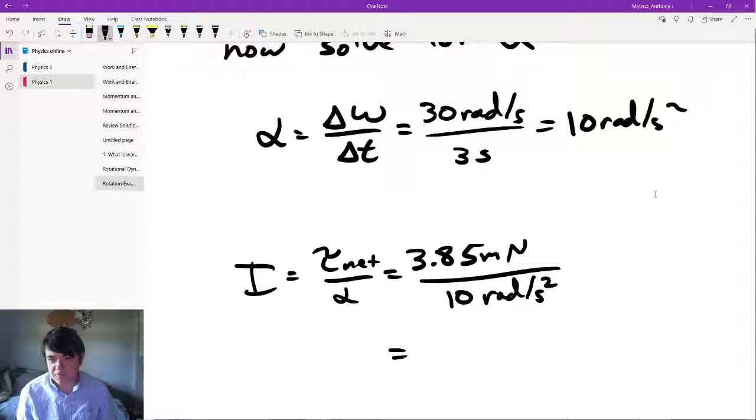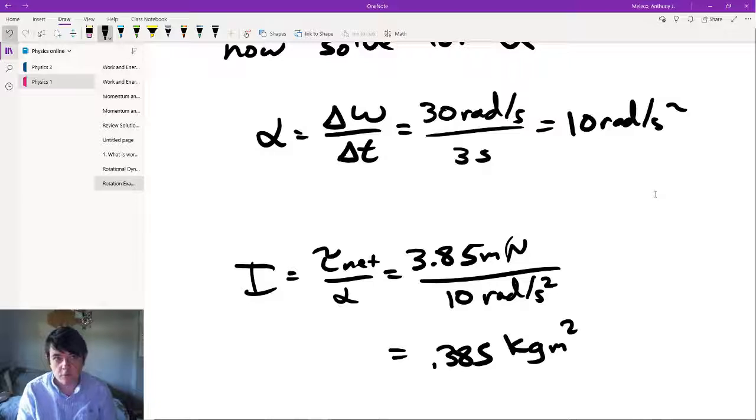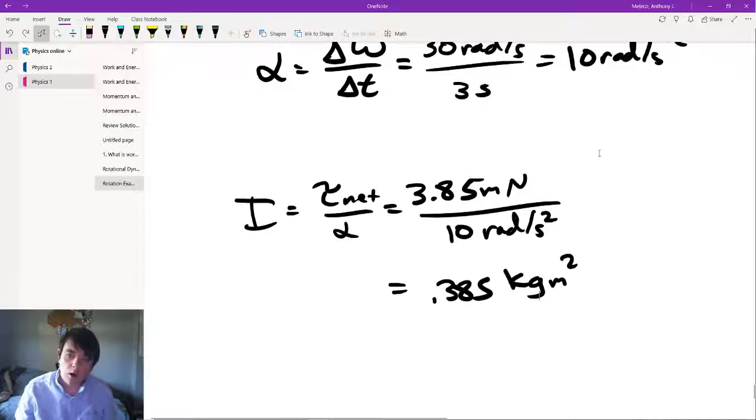And this gives us units of kilogram, which comes out of the Newton, and the seconds squared cancel. We're left with kilogram meter squared, which is the unit of moment of inertia.